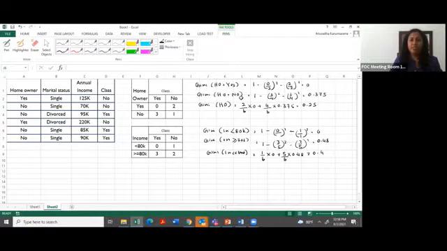It is homeowner, isn't it? Homeowner is 0.25. Is there a pure partition for homeowner?